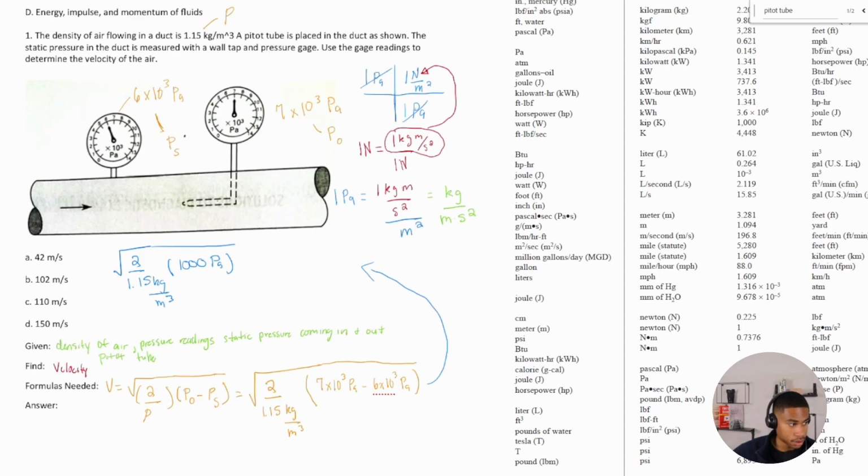Now that we have all of that, we know that we can substitute these units into here. We just want units that will make sure that things cancel.